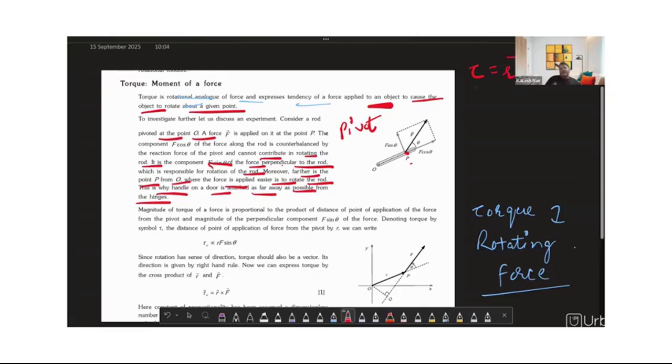We all know where r is the position from the pivot where the force acts.